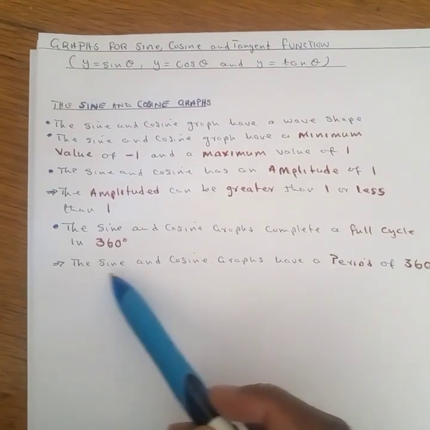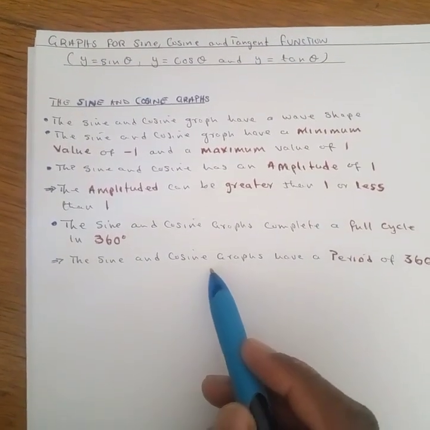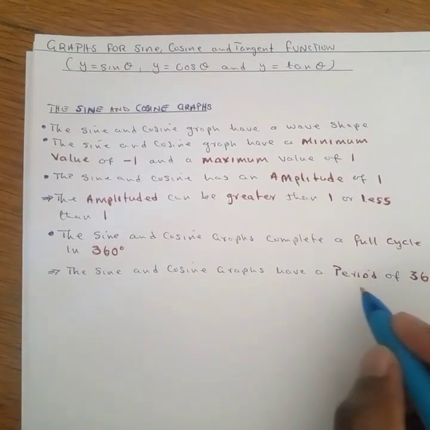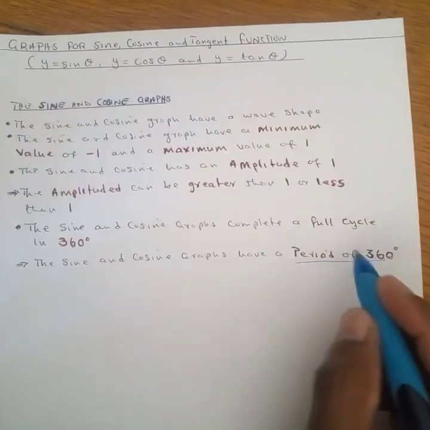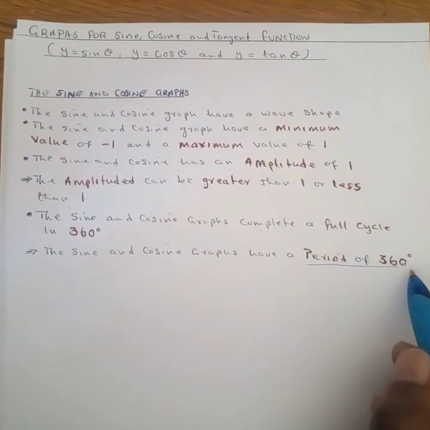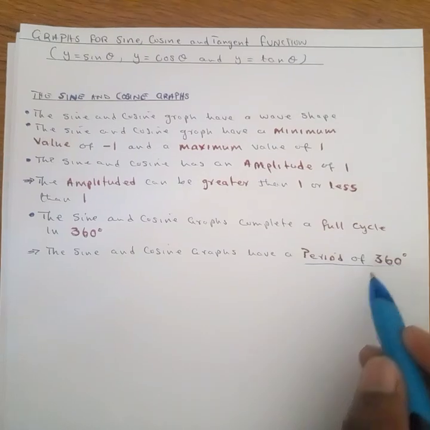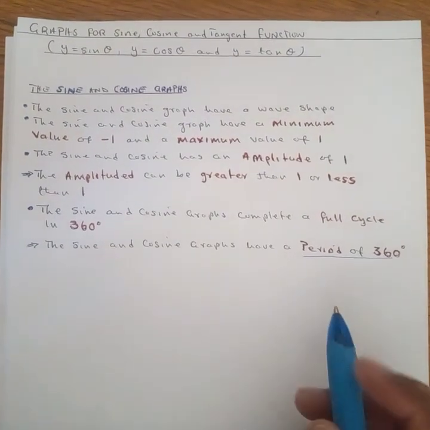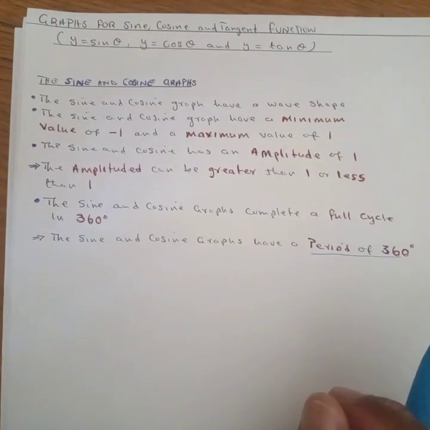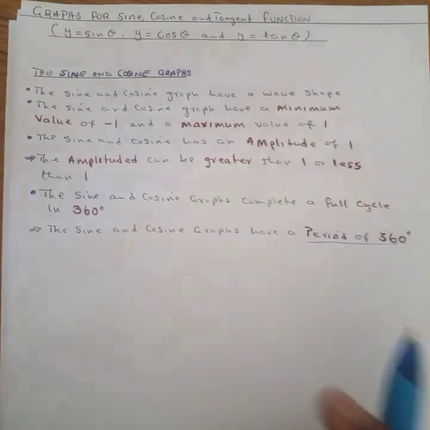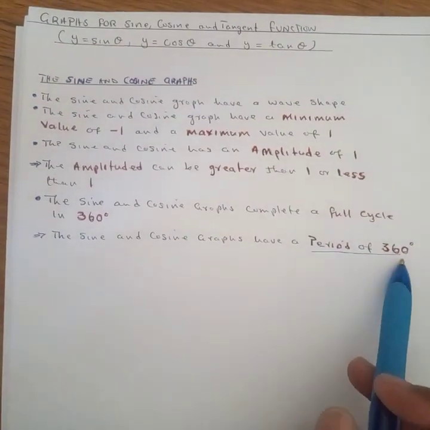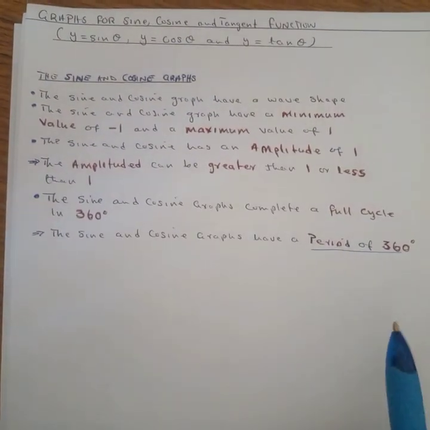We say the sine and cosine graphs have a period. Instead of saying a full cycle, we say it has a period of 360. Periods differ. It can be a period of 180 or 360. In this lesson, mostly we are going to focus on 360 as our period.